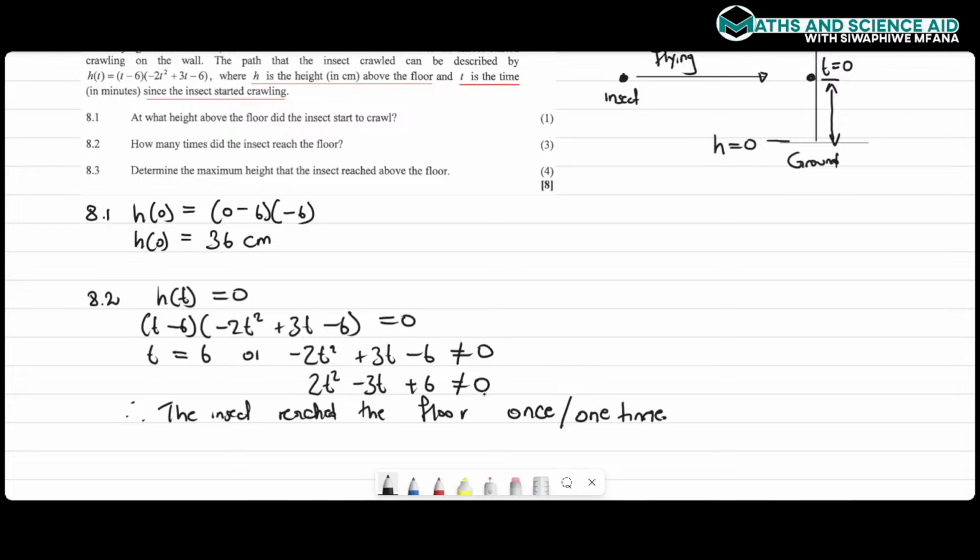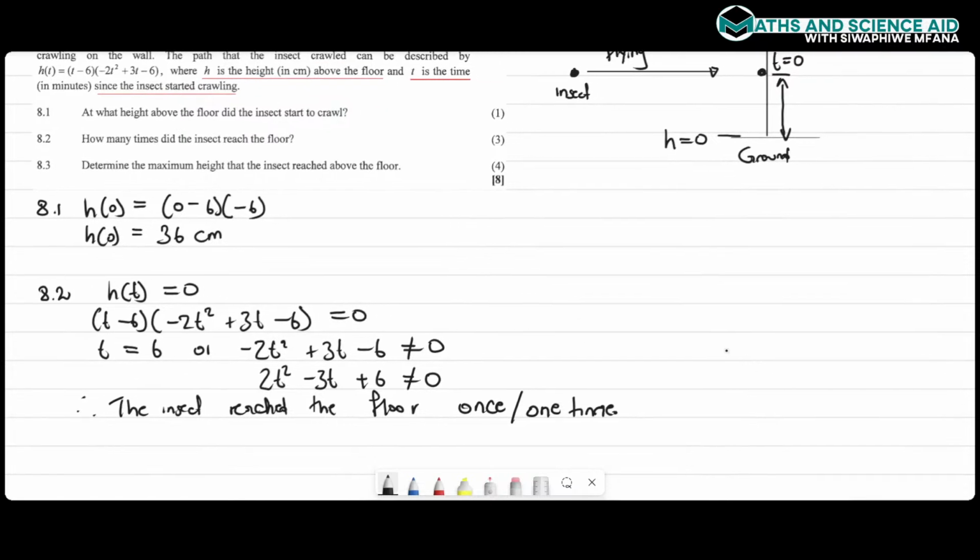Why is that? Because we are only getting one x-intercept, or one time, and that time is t equal to 6, at which the height is 0, meaning that the insect has reached the floor. Very interesting, right?